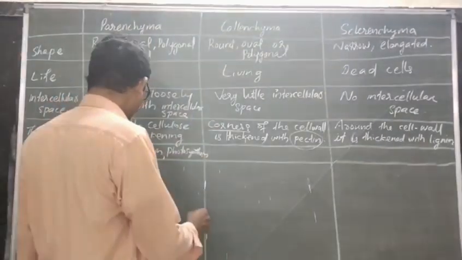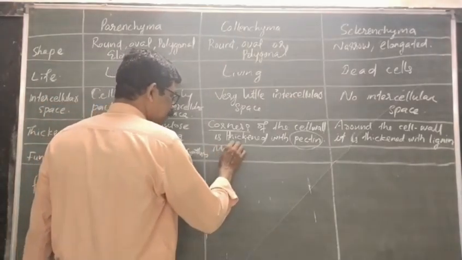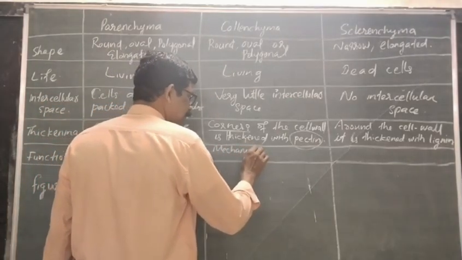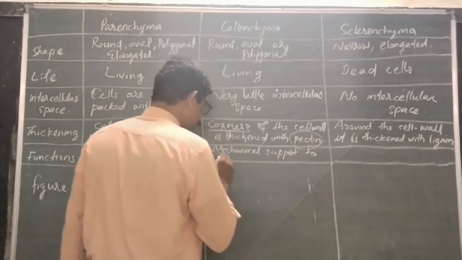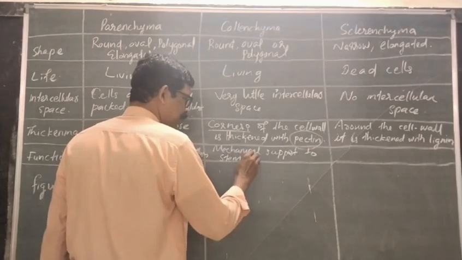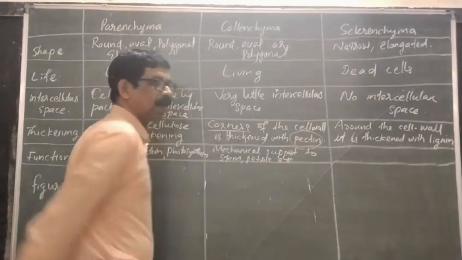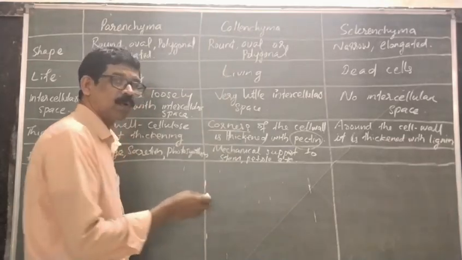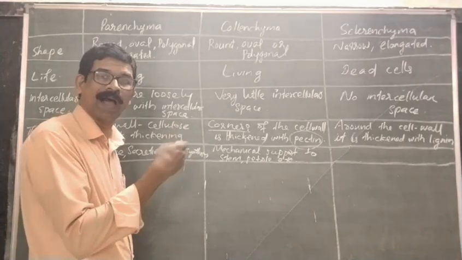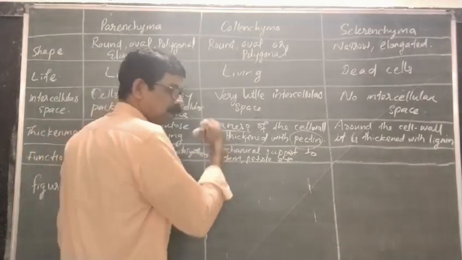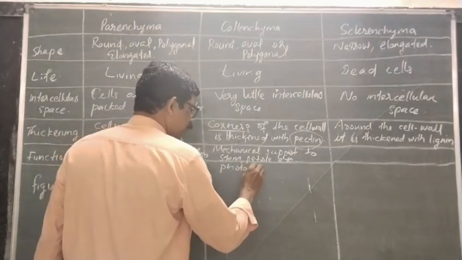And in case of collenchyma cells, they give mechanical support to stem, petiole, etc. Along with this, most of the collenchyma cells also have chlorophyll in them, and as a result photosynthesis can also be done.